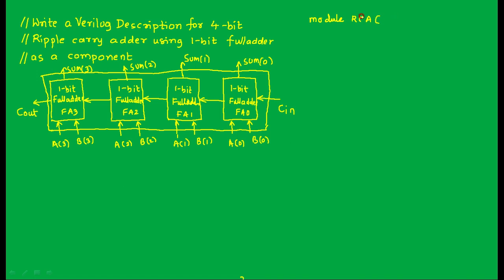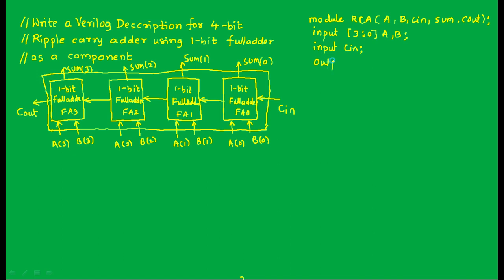For this ripple carry adder, we have A, B, Cin, sum and Cout. A and B are of size 4 bits each, so we define size 4-bit A and B. Then we define one more input, that is Cin.